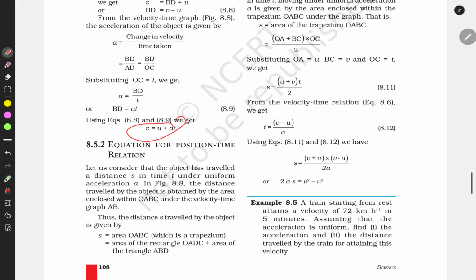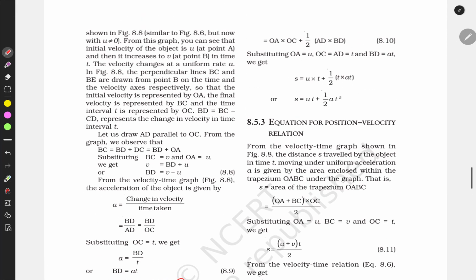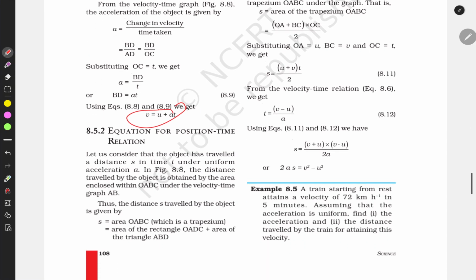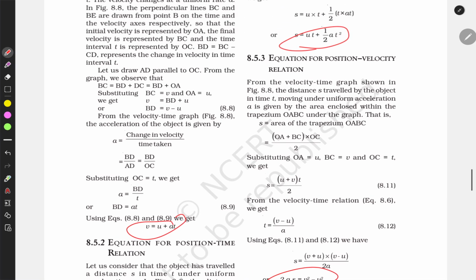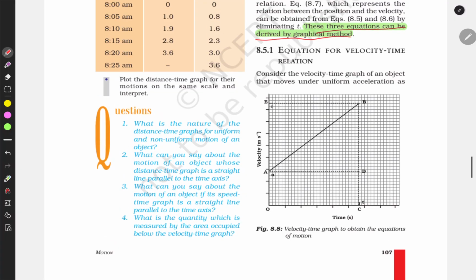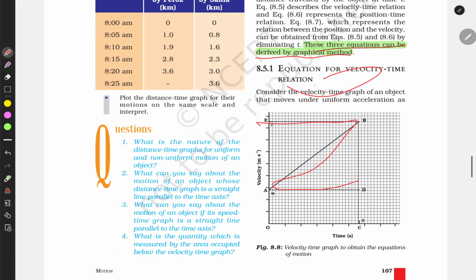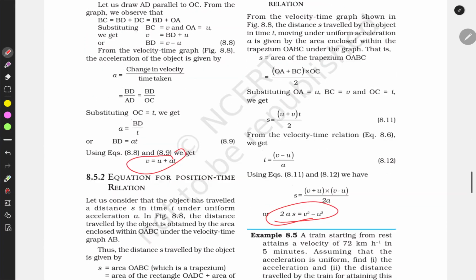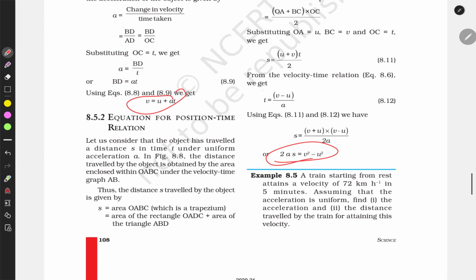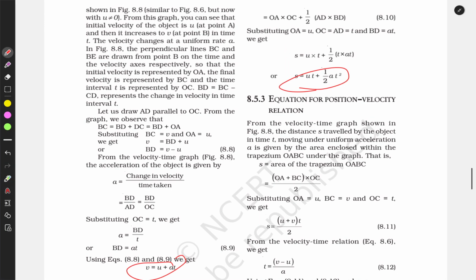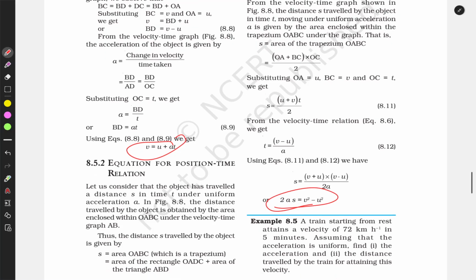This is for the first one, this is for the second one, and this is for the third one. These are derived from the graphical method. This is the graph. So it's mathematics here, so we will only be discussing the concept. We will not go into the derivation.